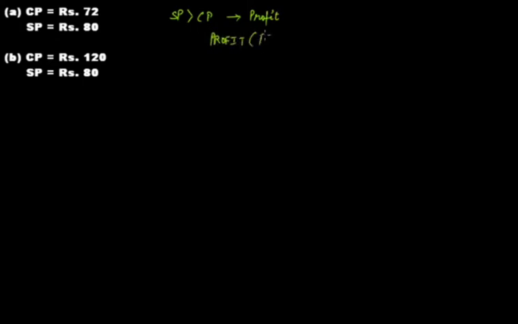Let's denote this with P. Profit is selling price minus cost price, and 80 minus 72 gives you 8, right? Now, if you have to calculate the profit percent, P is what? Profit percent is profit over cost price times 100.